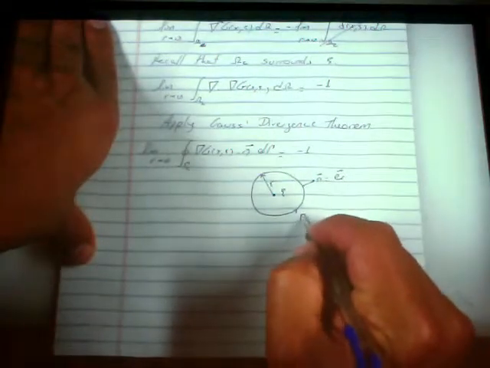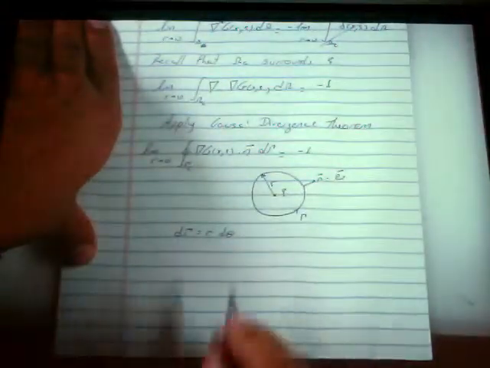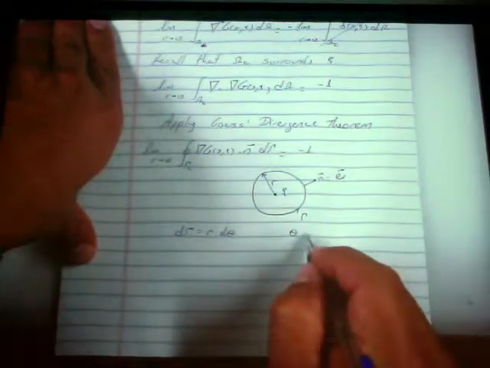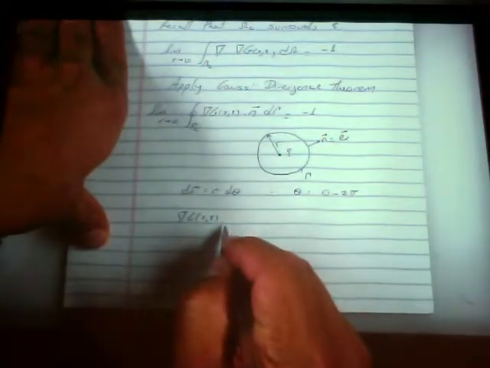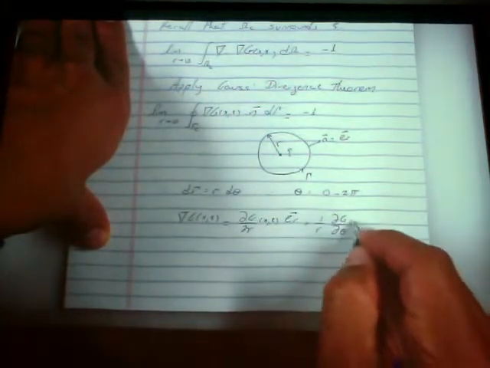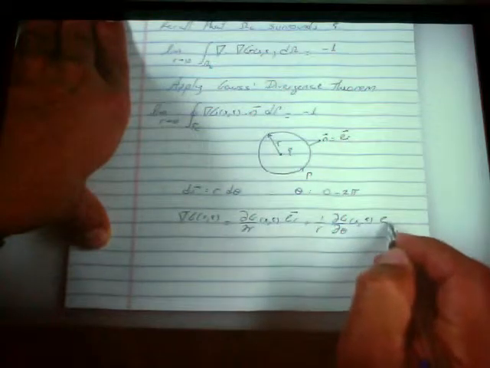It has no tangential direction. Okay? So, d gamma is equal to r d theta, when we turn this into a circle integration, such that theta goes from 0 to 2 pi, and the grad of g in polar coordinates is dg/dr in the r direction, plus 1 over r dg/d theta in the theta direction.